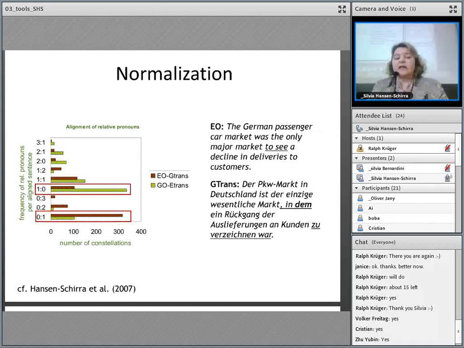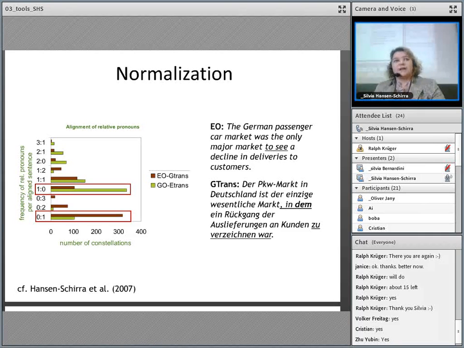Then we looked at non-finite structures in English versus finite structures in German. One concordance example would be: the German passenger car market was the only major market to see a decline in deliveries to customers. Well, here, to see is typical of English. English is very productive in using non-finite structures. What are you going to do with it in the translation?